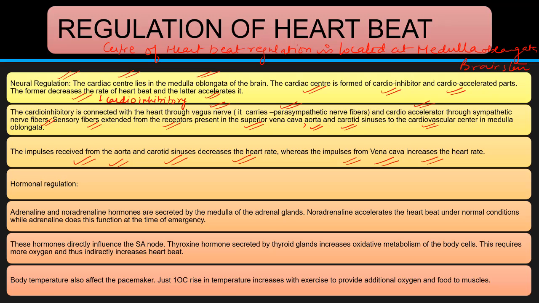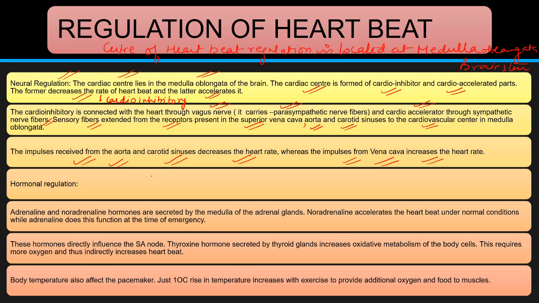The cardio-inhibitory center works through the vagus nerve, which carries parasympathetic nerve fibers, and the cardio-accelerator part through sympathetic fibers, which directly innervate the SA node. In parasympathetic nerve fibers, acetylcholine is secreted, which decreases the heart rate, the speed of conduction of action potential, and cardiac output.